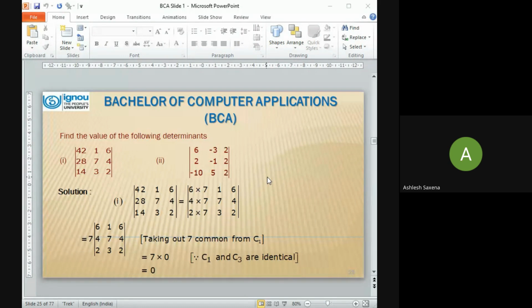If you are taking 2 common from column number 1, it will become 3, 1 minus 5.